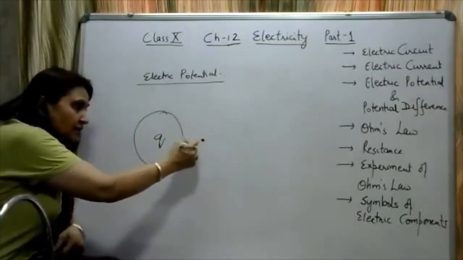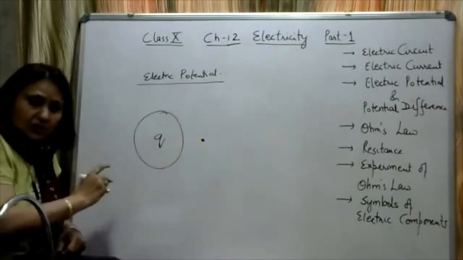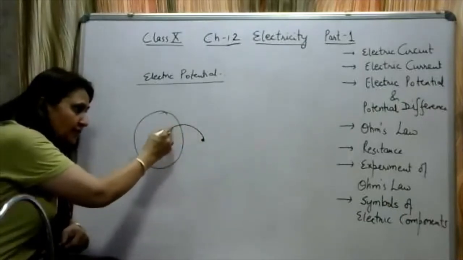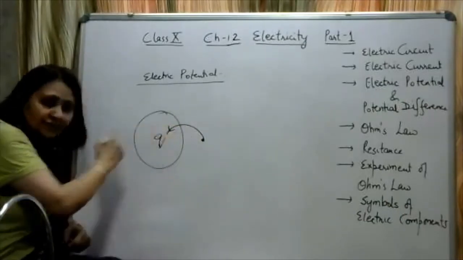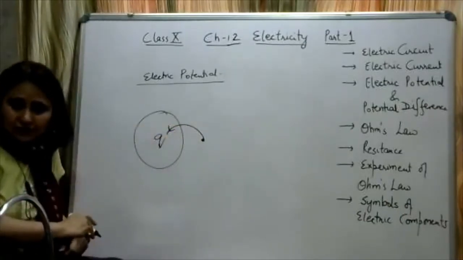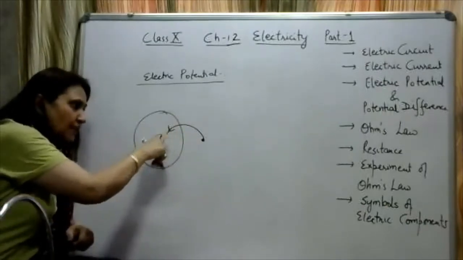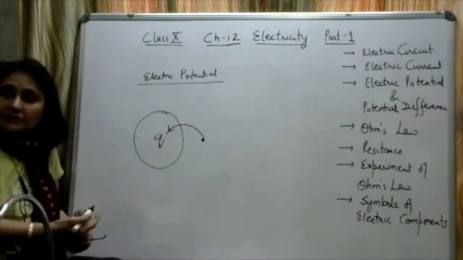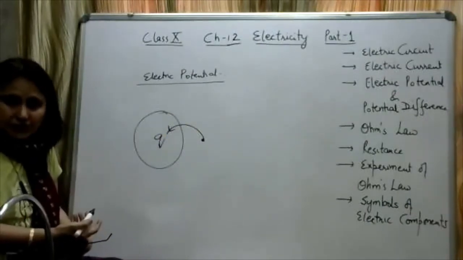Now, for a unit charge to be brought from infinity to a point in the electric field, some work has to be done. This work done per unit charge, we call it the electrostatic potential or the electric potential.